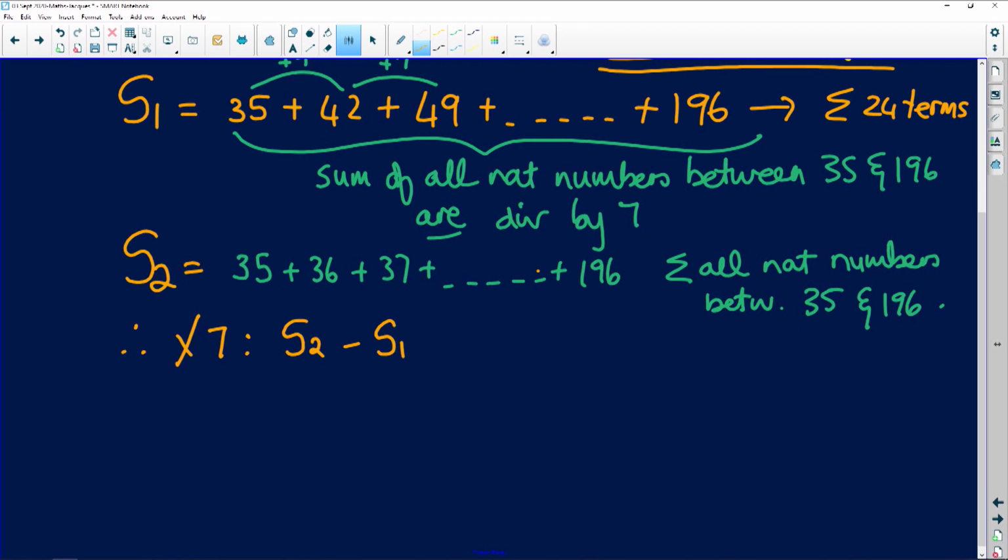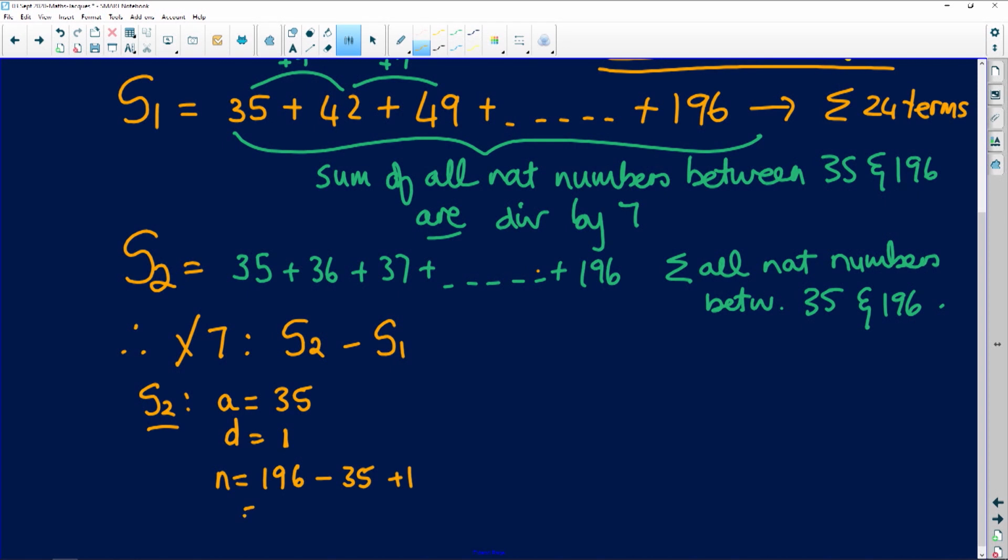Okay, so what do we know? We know for sequence number 2, or for sum number 2, we know the first term is 35. We also know the difference here is 1, and we want to know how many terms there are in the sequence. Okay, so these are natural numbers, folks. So the number of terms in the sequence is 196, the top minus the bottom, plus 1.